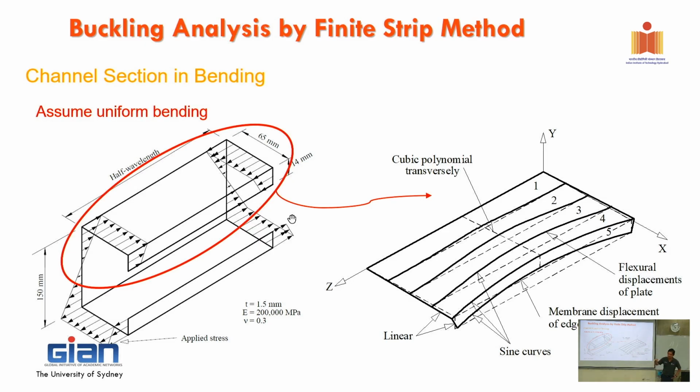This is very simple because we use only one sine function in the longitudinal displacement. You can see the sine curve, and this is a half-wave length of a sine curve. So we have only one very simple sine function, and we use linear functions in the transverse axis. So that's for the displacement, and that's how we come up with finite strip.